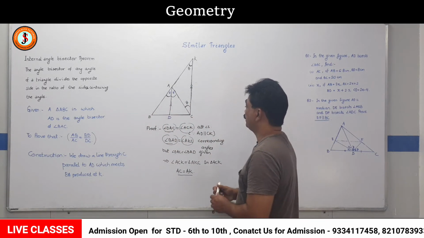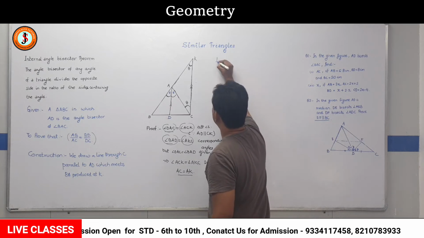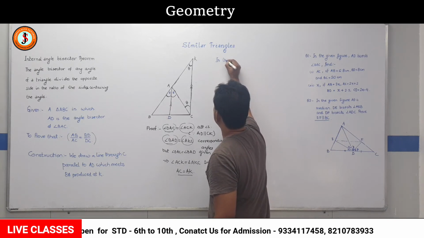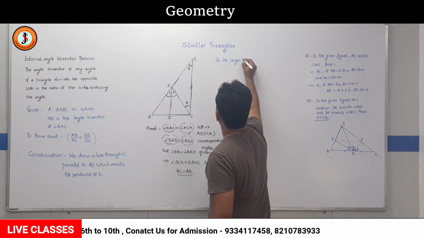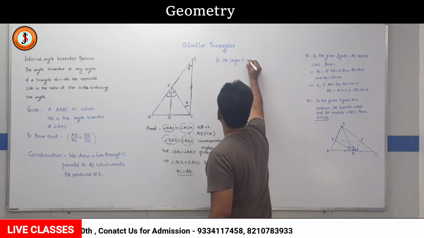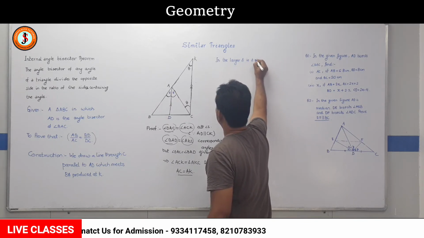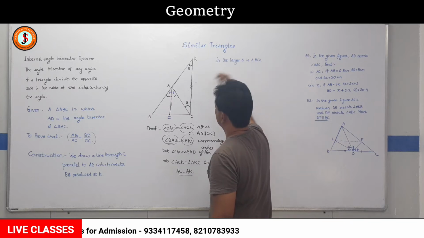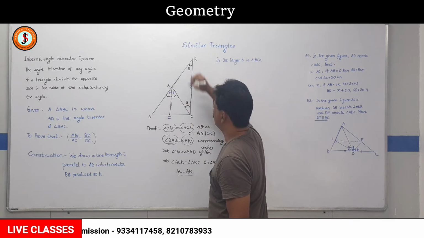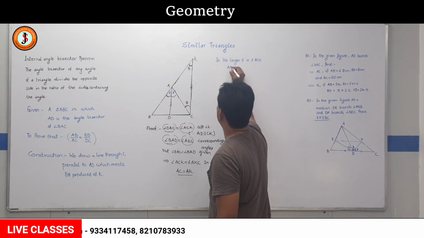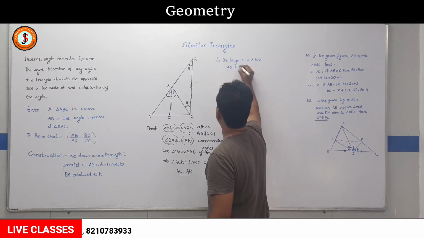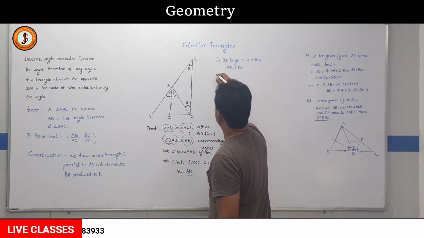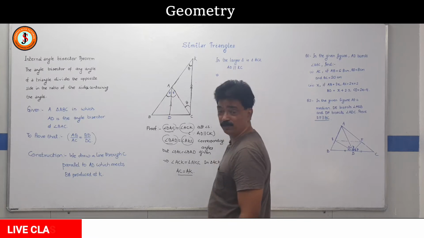Now in the larger triangle BCK, AD is parallel to KC. Alright, this implies that we can now apply BPT.